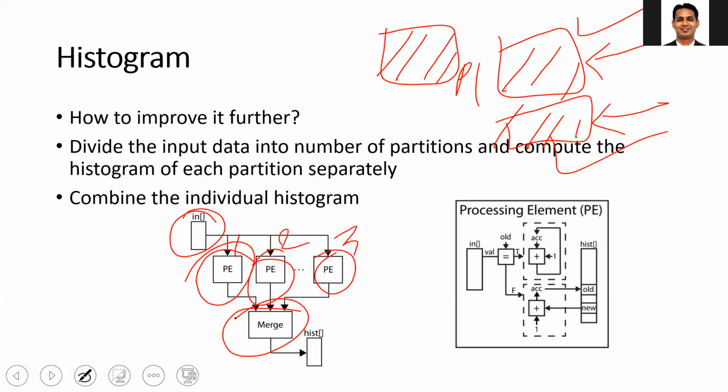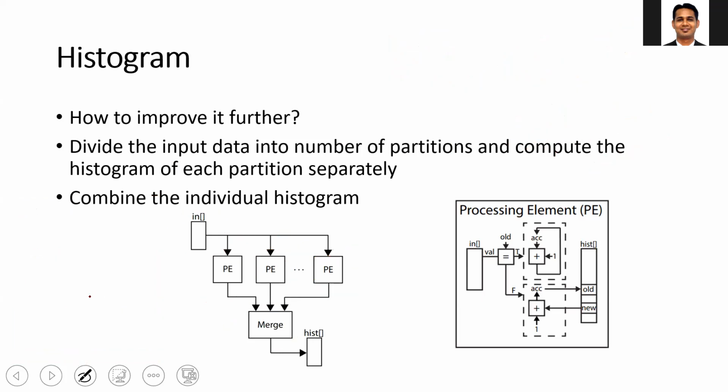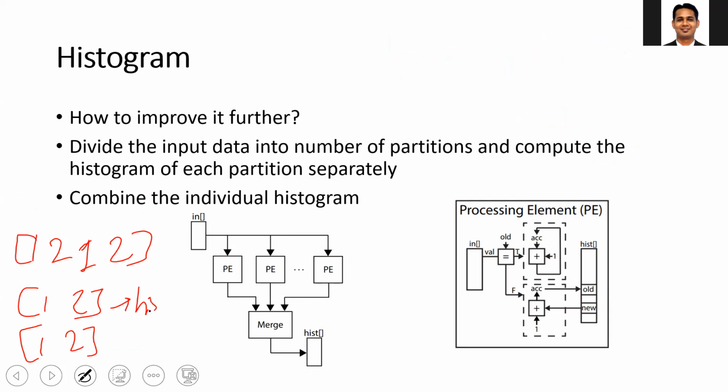For example, if we take the array, say 1, 2, 1, 2, what I can do is divide the array into two parts, 1, 2 and 1, 2. From the first, I'll get the hist of say 1, which is 1, 1, and then I'll get the hist of say 2, which is 1, 1.